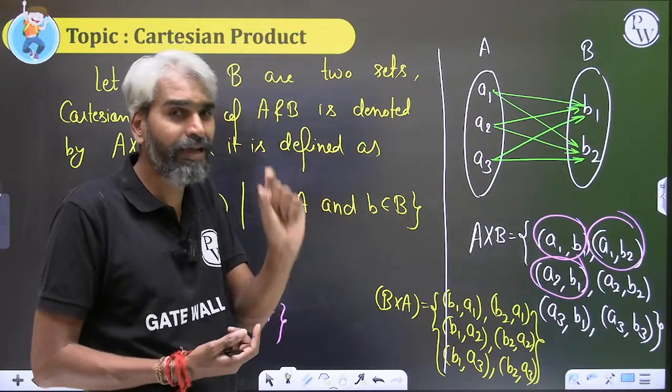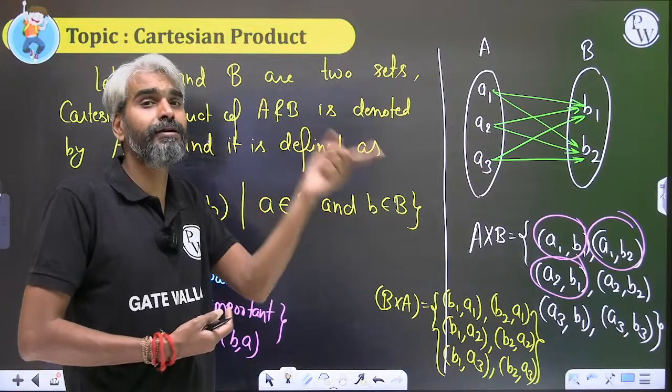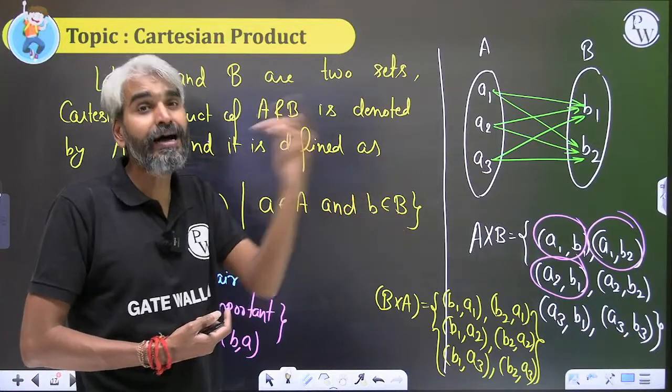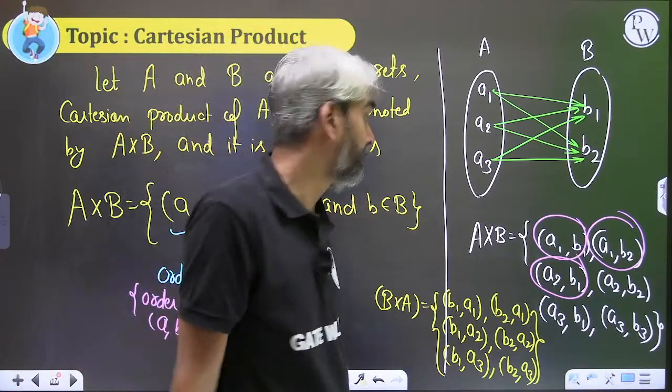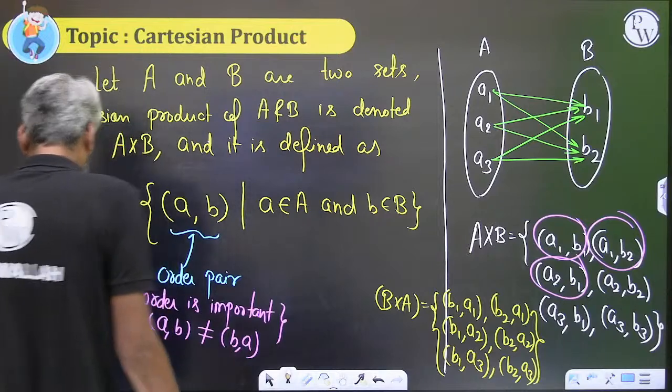It will say whether elements of A are related to B or elements of B are related to A. That's what we are trying to understand.